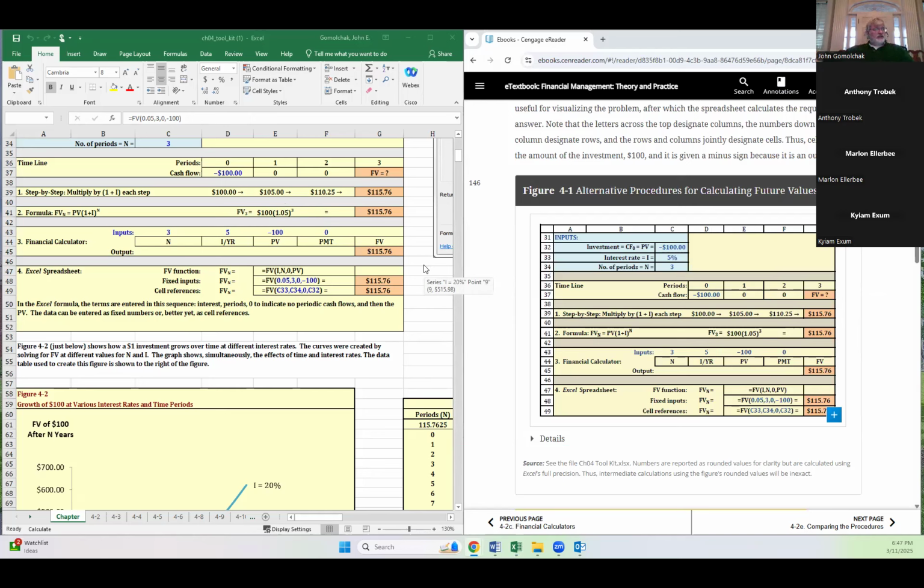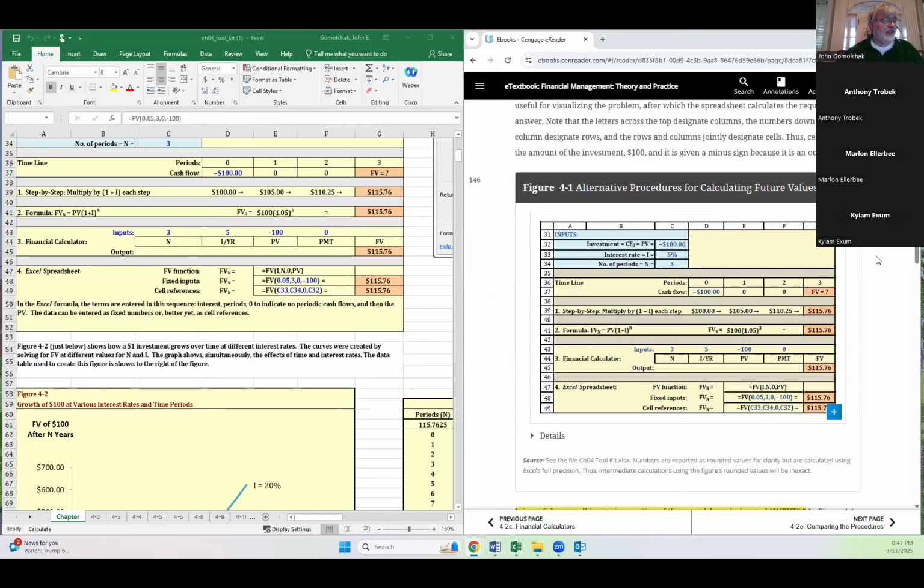I'm not going to sit here and say you need to learn the archaic ways of doing these things when we all have the computers directly in front of us, and we all have Excel as part of our operating system. Why not use it? It's just so much easier. I really love it. And I think it makes everything we're going to be doing in this class significantly easier.